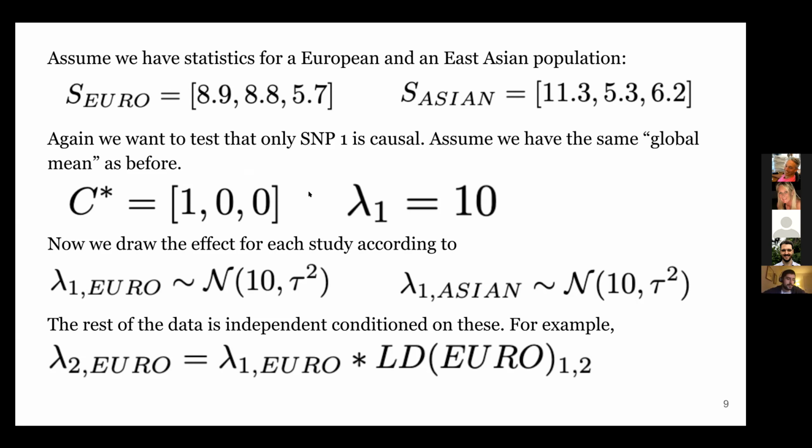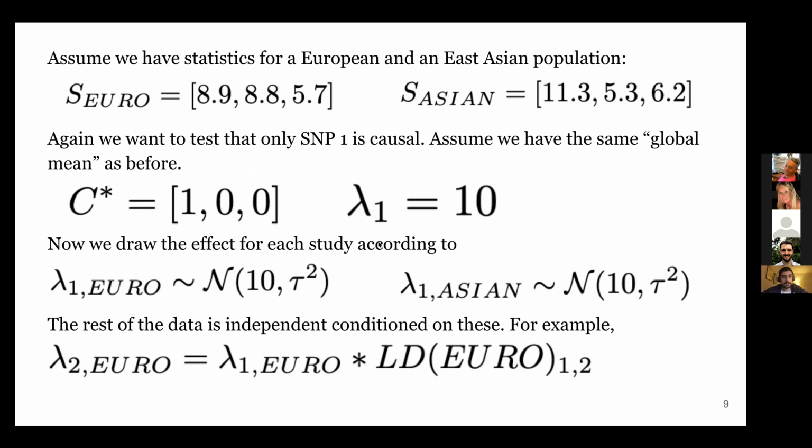So how do we take into account both of those things? So again, let's test that only SNP1 is causal, and assume we have the same lambda as before, 10, and so our vector is 1, 0, 0.